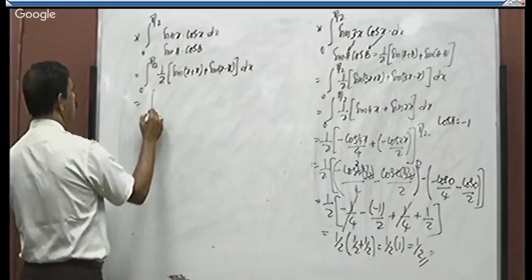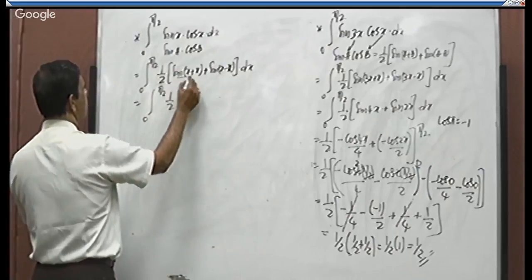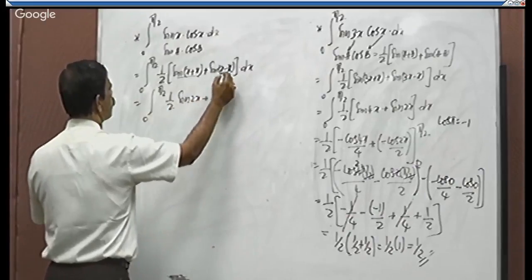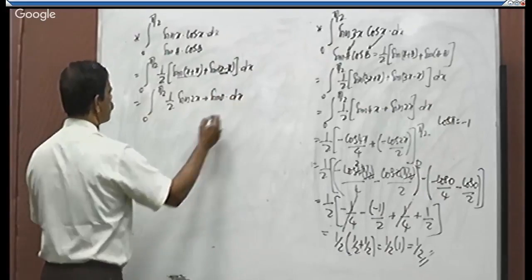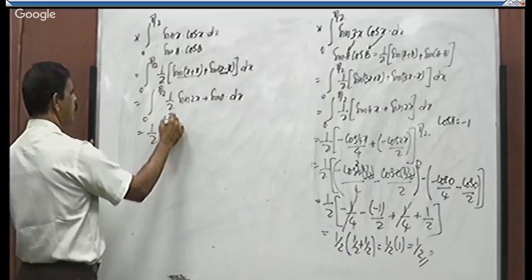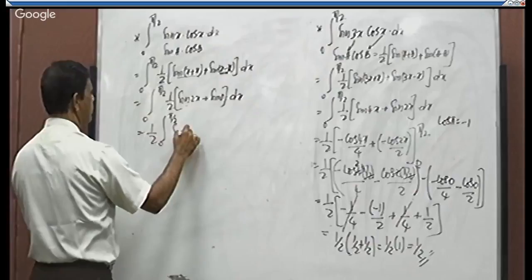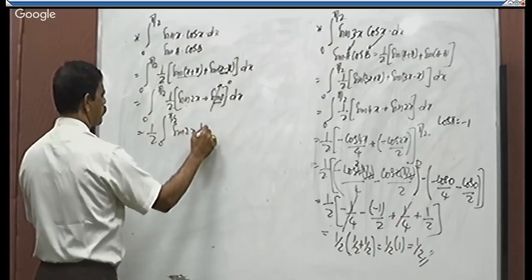That is equal to 0 to pi by 2, 1 by 2 into sin of x plus x, which is sin 2x, plus sin of x minus x, which is sin 0, into dx. This is 1 by 2 into 0 to pi by 2 of sin 2x, sin 2x minus sin 0 is 0, dx.